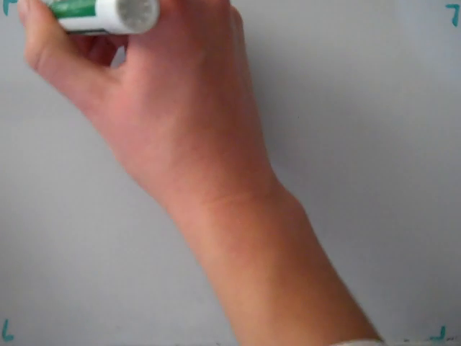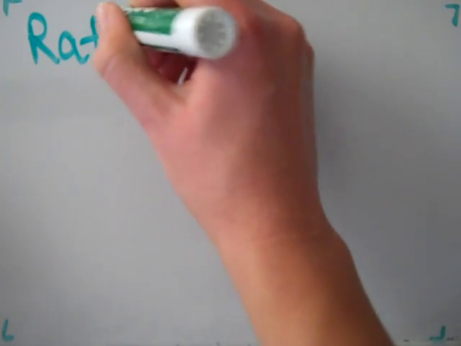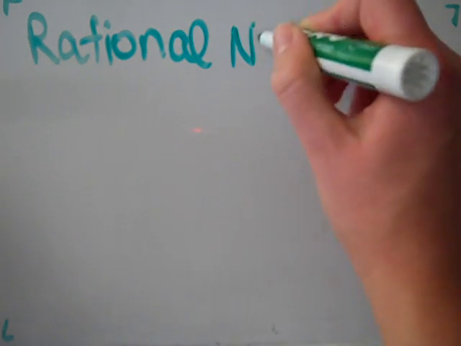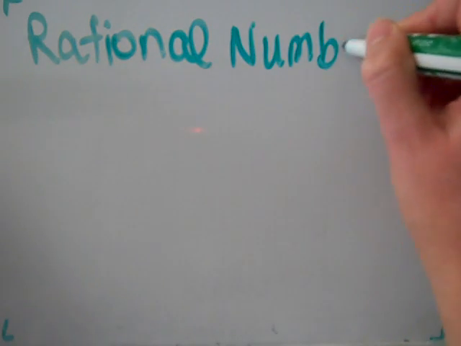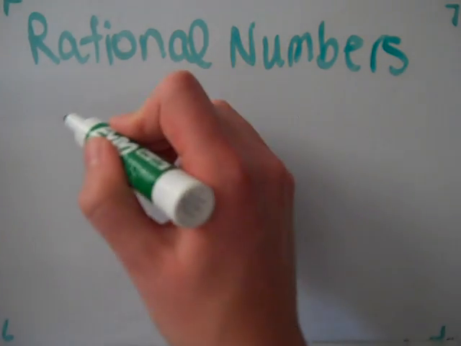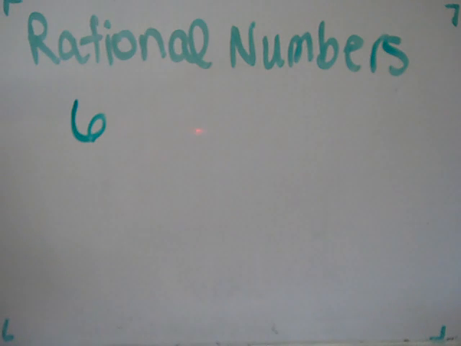After absolute value, we talked about rational numbers. You might see problems on the test that ask you, is 6 a rational number? Why or why not?